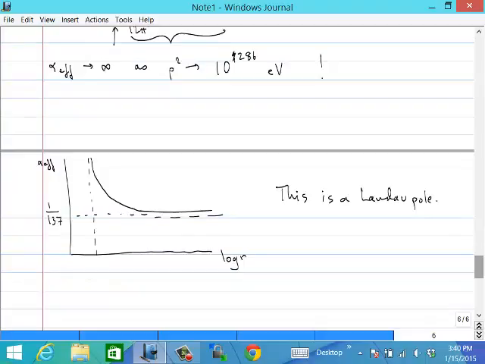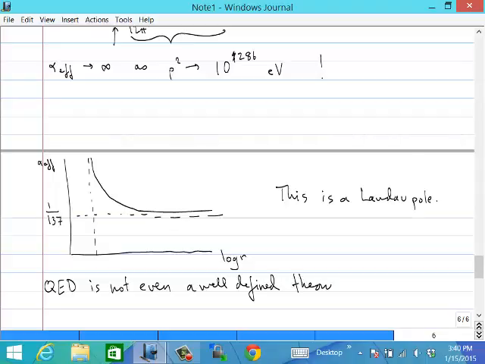And it means that not only is perturbation theory breaking down, but because the effective coupling constant is going to infinity, really quantum electrodynamics is not even really a well-defined theory at arbitrarily short distances.